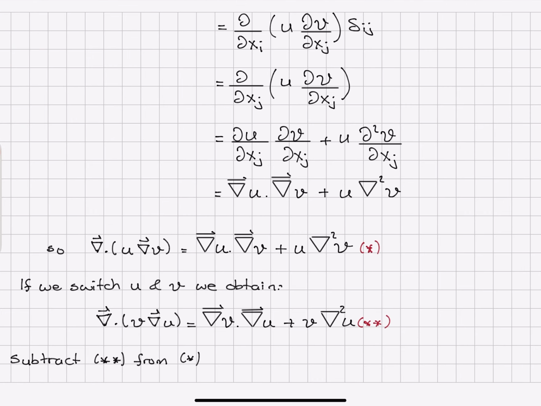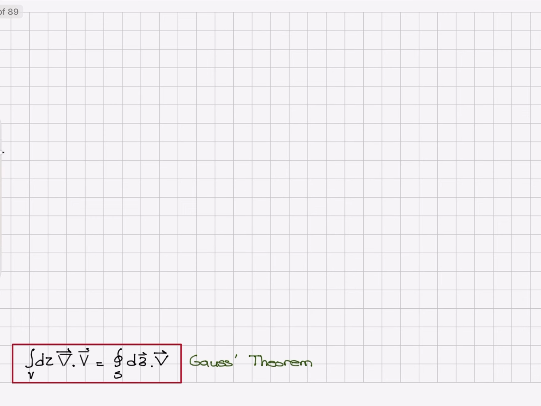Now what I'm going to do is subtract the double star equation from the star equation. So divergence of u gradient v minus divergence of v gradient u. So that's what I'm going to do now.